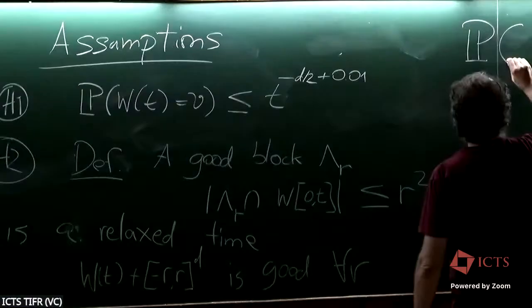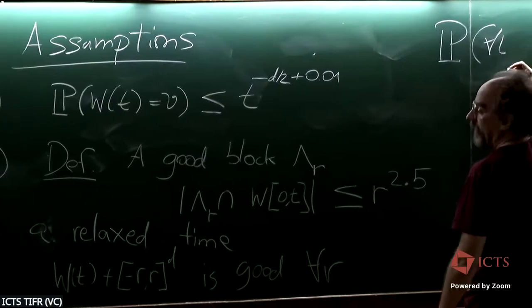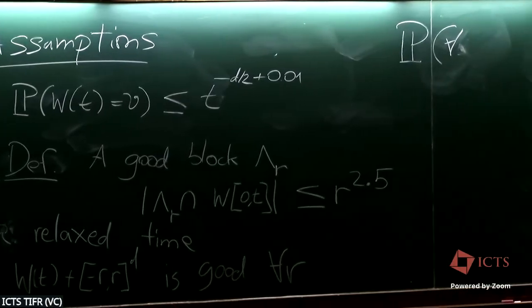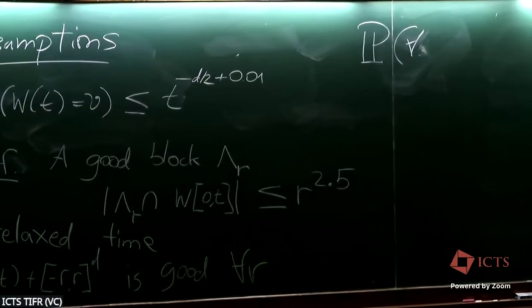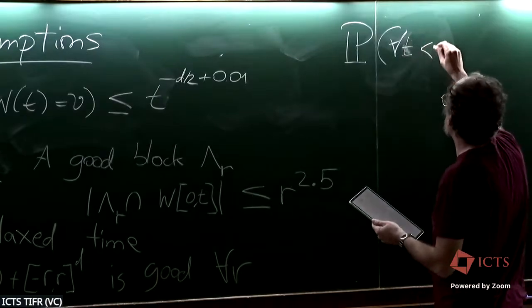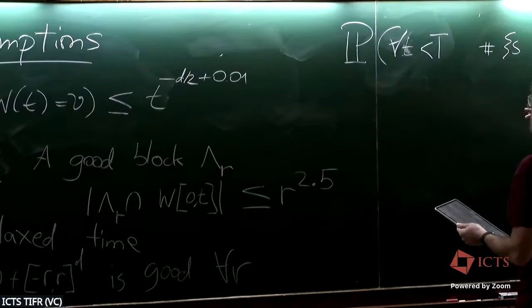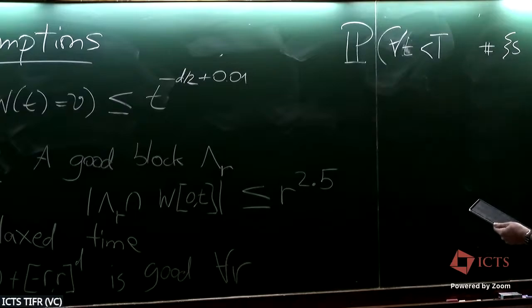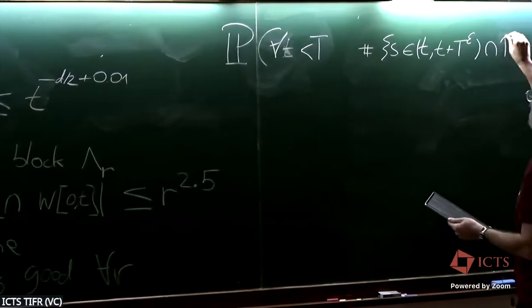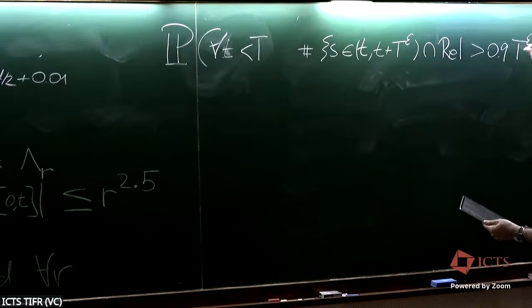The probability that, for every t smaller than T, the number of relaxed times between t and t plus t to the epsilon is at least 0.9 of the size of the interval.